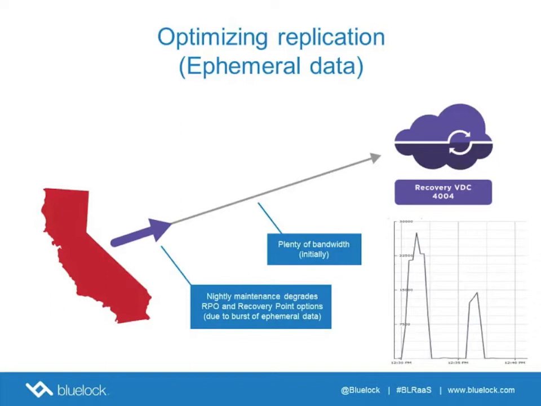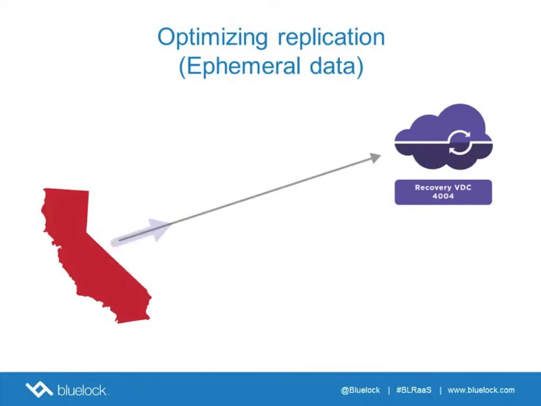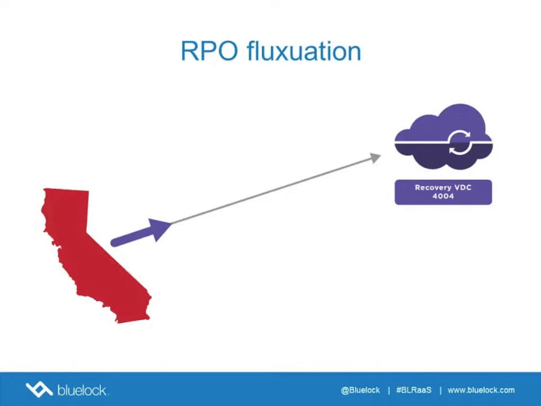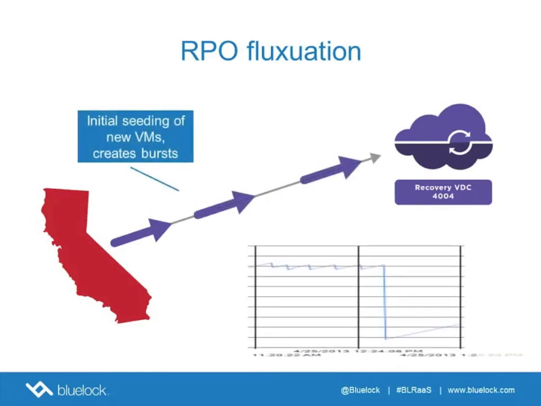So if you push too much change over the wire, you're not going to have a lot of recovery points back in time. So again, we took a look at this and how we can work with them to address the situation of those temporary or ephemeral changes. So, as I mentioned, the RPO can fluctuate when that bandwidth is constrained like that.